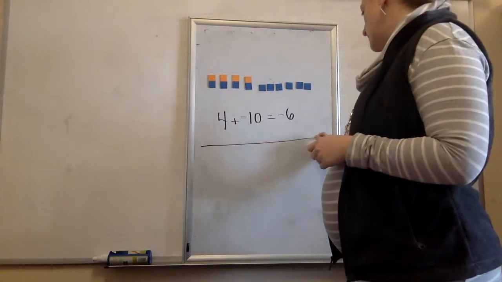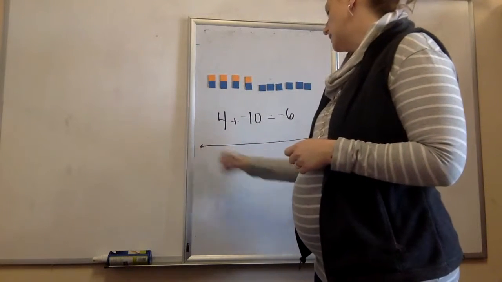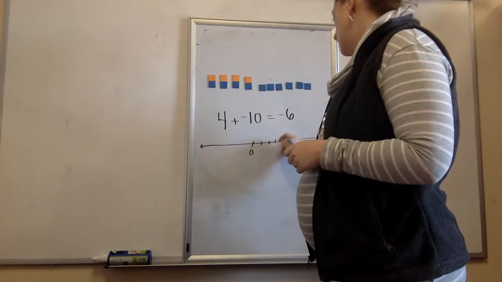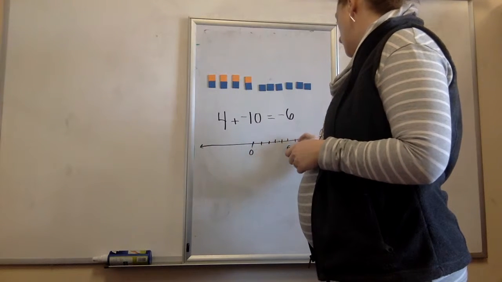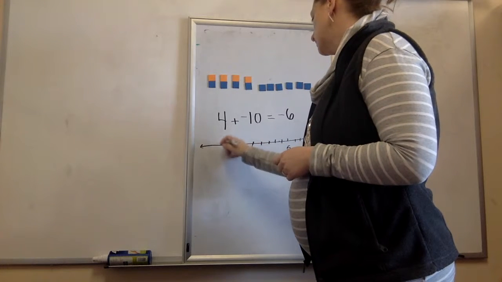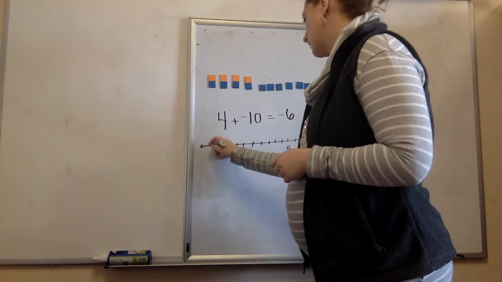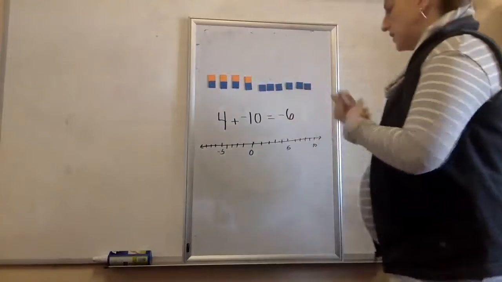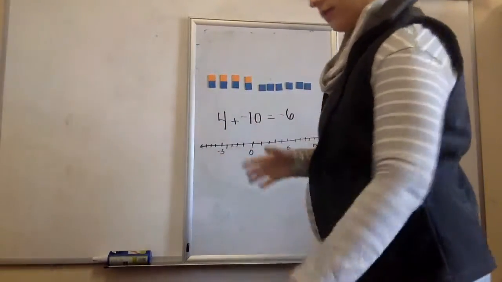We could also model this on a number line if we wanted. So if I modeled this on a number line, I would start at 4.